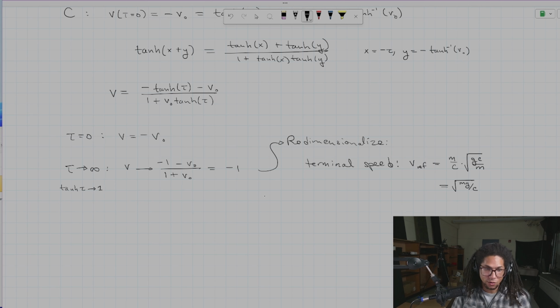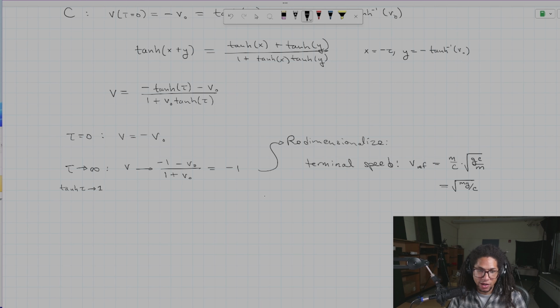All right, so now we have another terminal speed to compare to. And I want to point out why this is so useful. Even without working very hard, we were able to get the terminal speeds in the two problems. That means that we could calibrate our models in both cases.